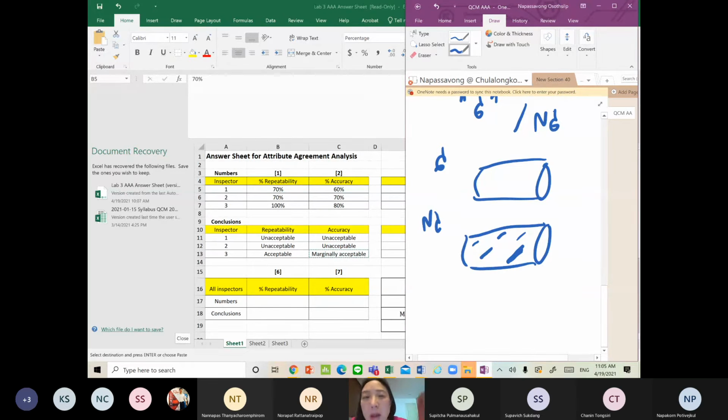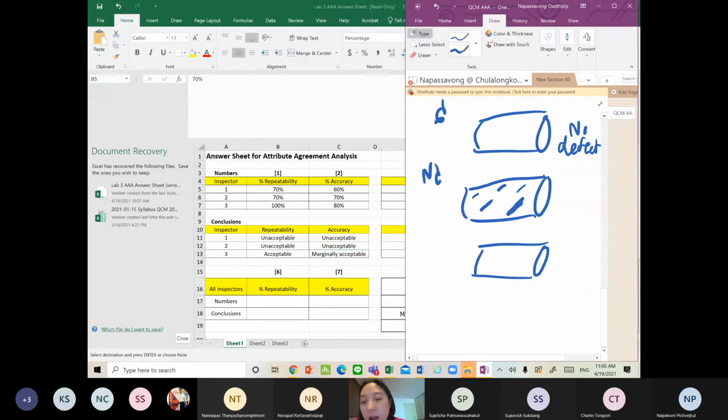If no defect appears, you say G. So it is very easy to distinguish between G and NG parts, right? But the difficulty is that if there is a defect but it is small, you accept it. So you will say actually this one should be G.